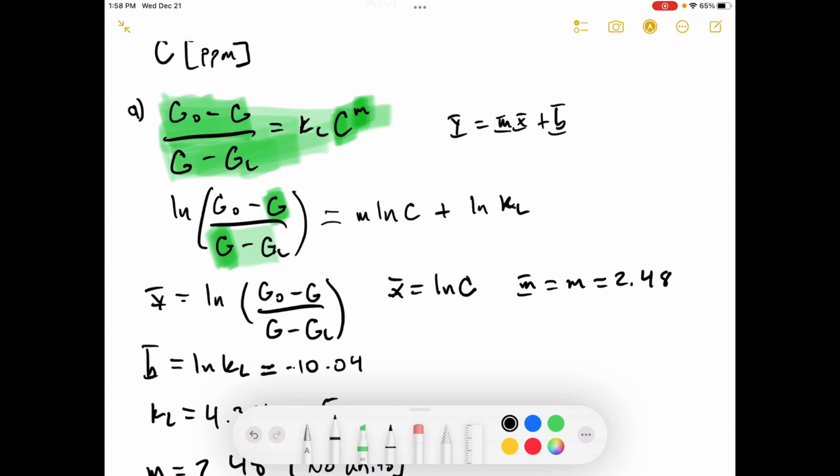So those two units should cancel out. So the left-hand side is unitless. That means that KL has to cancel out the units of C so that we end up with something that's unitless.